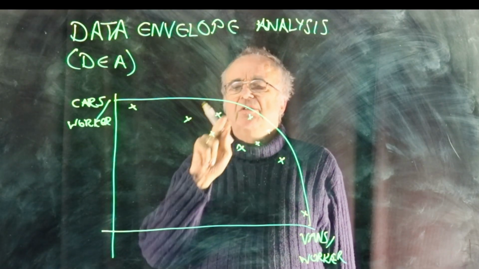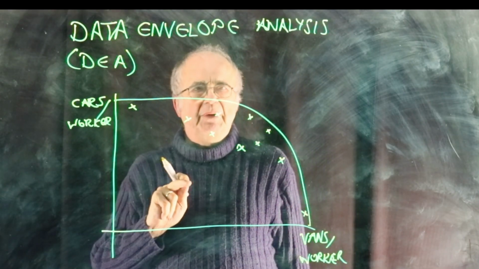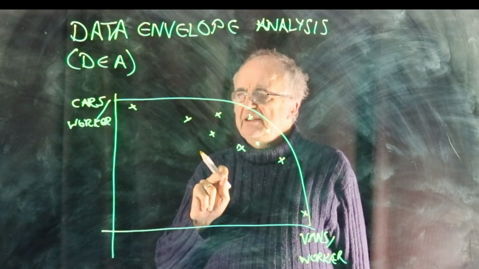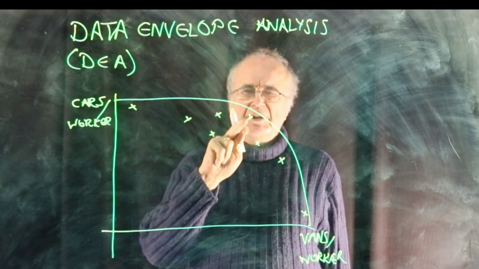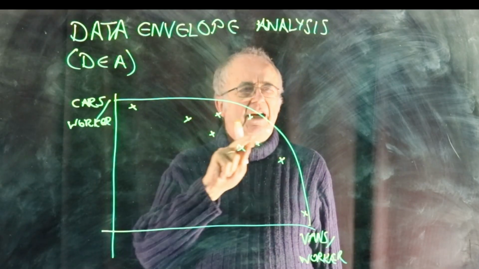The factories that are close to the boundaries are performing better. And so we might take it as a standard of comparison that the distance they are from the envelope explains how well they're doing.